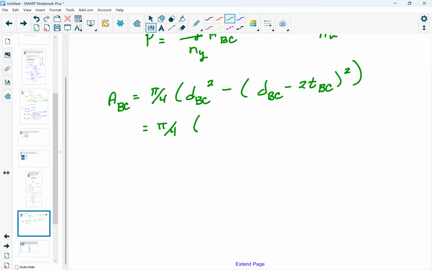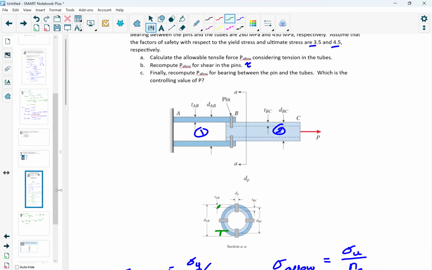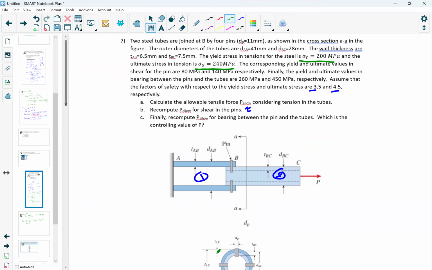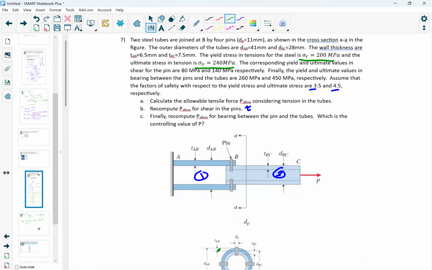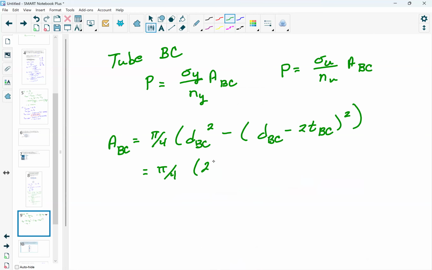Sorry, I got distracted. So the second one is, one was 41 and the other one is 28, and its thickness is 7.5.